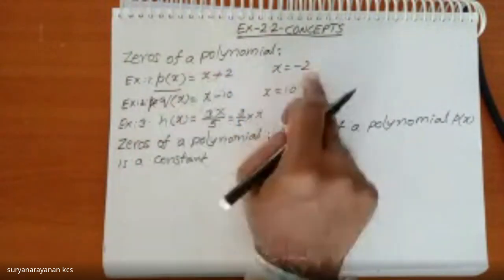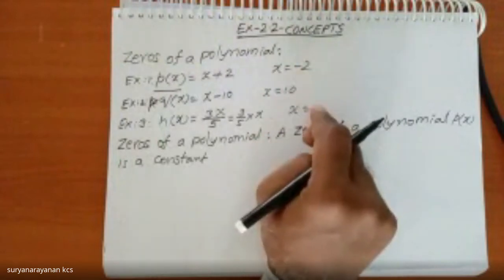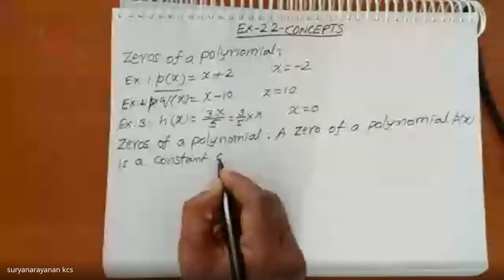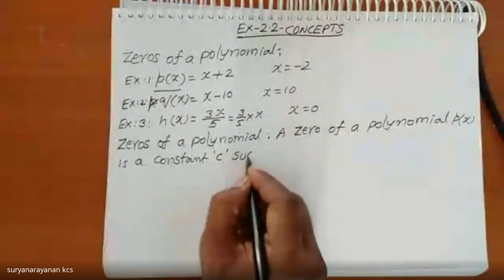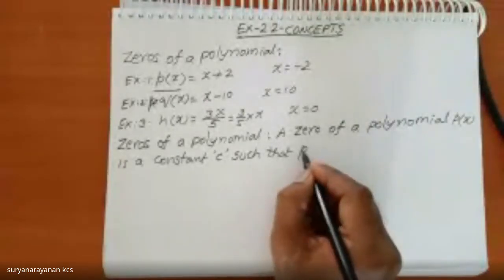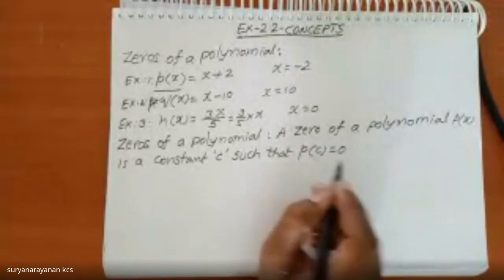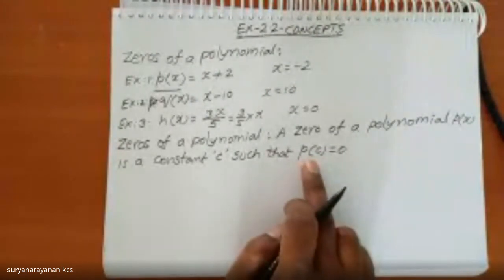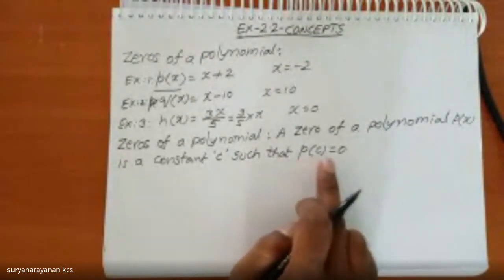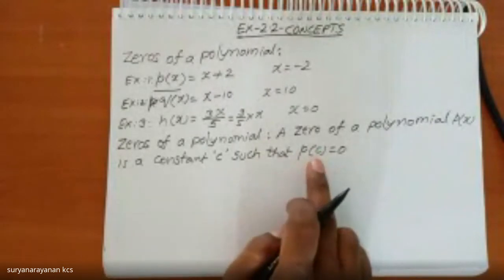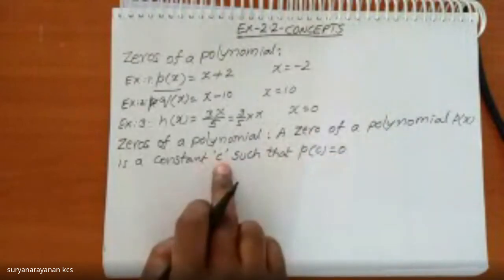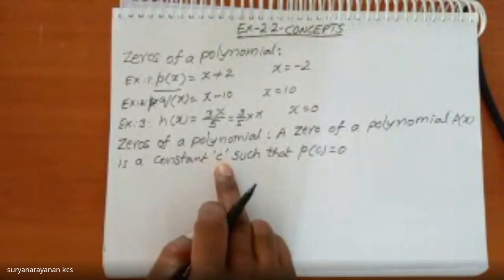That is why these constants are called zeros of the polynomial. A constant c such that P of c is equal to 0, meaning the value of the polynomial at c is 0. Then the constant c is said to be a zero of the polynomial.